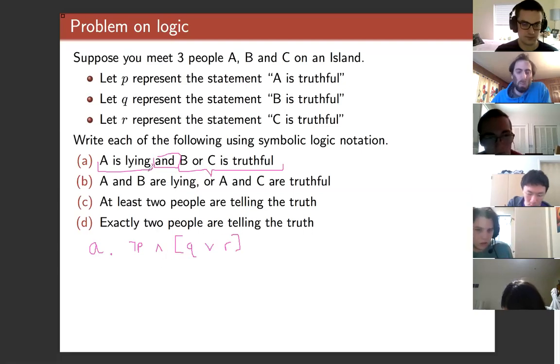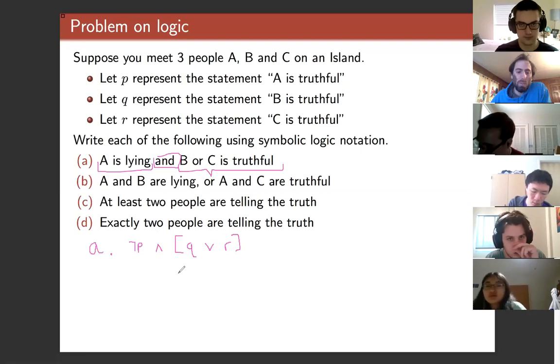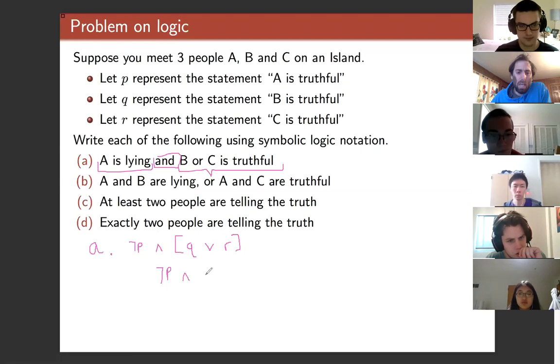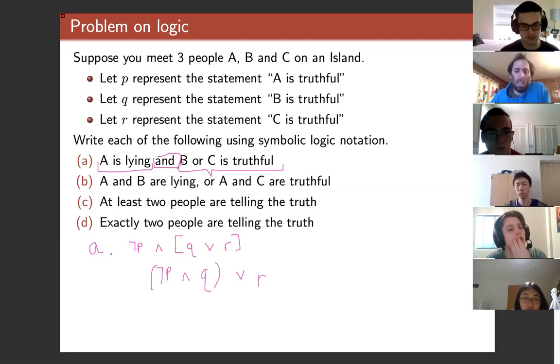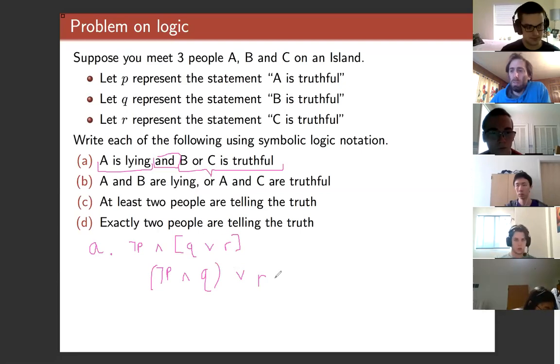We can write out what that would be. I'm not sure if this is helpful to answer your question, but if we had put A is lying and B is truthful together, that would look like this: not P and Q, or R. So what this would be saying is that A is lying and B is truthful, or C is truthful.